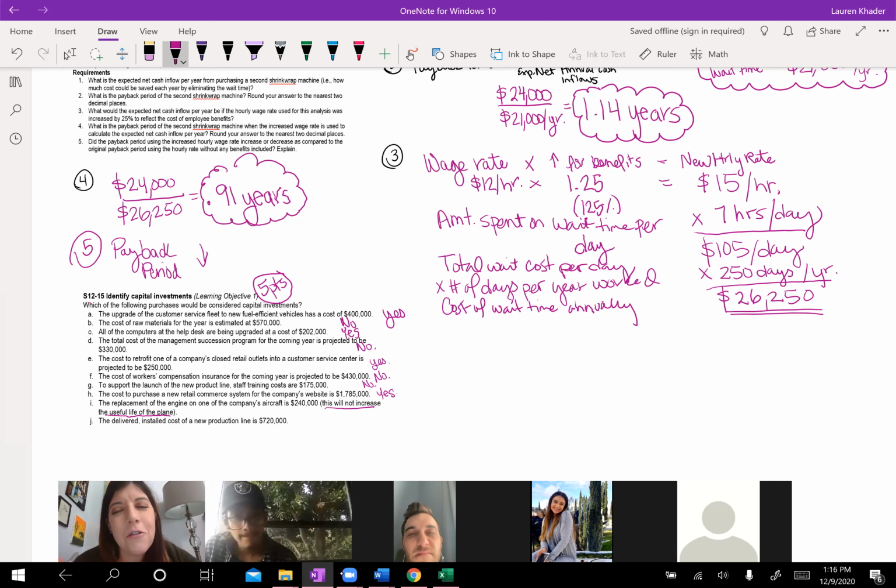That goes back to financial accounting. It's expensed as incurred, it's repairs and maintenance. It's like getting your oil changed, but very expensive. J, the delivered installed cost of a new production line is $720,000. New production line, that's new machines. That's a yes. That's an investment.